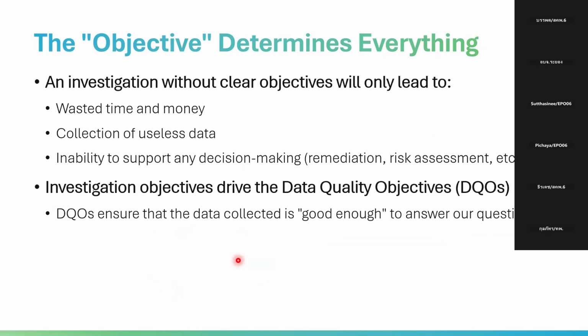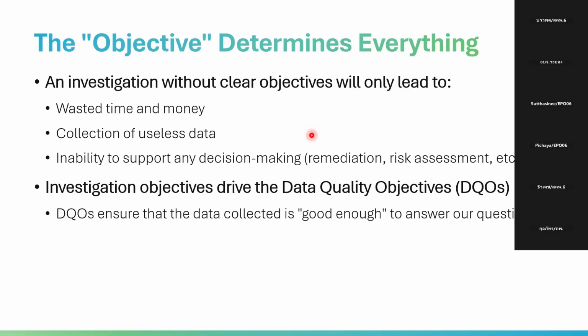Different objectives can determine your sampling plan. The wrong design of the soil sampling plan will only waste your time and money, collect garbage data, and give you a wrong picture of the CSM, and you can make the wrong decision.